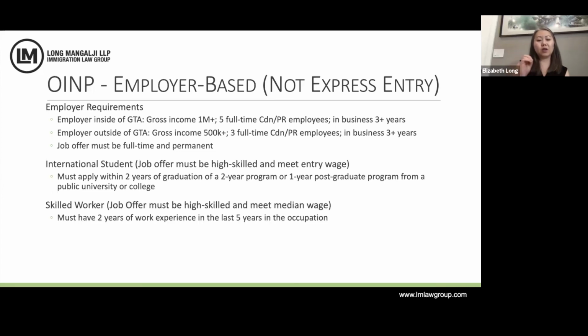If you are not an international student, or you've applied after 2 years of your graduation, you can still qualify under the skilled worker one, the foreign worker one. It has to be high skilled, you have to meet median wage salary, and you have to have at least 2 years of work experience in the occupation in the last 5 years.